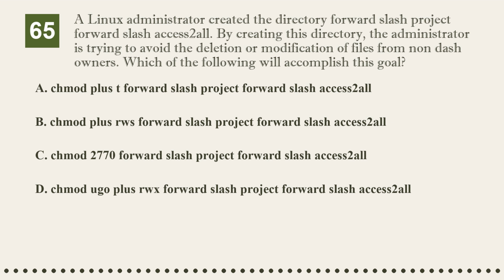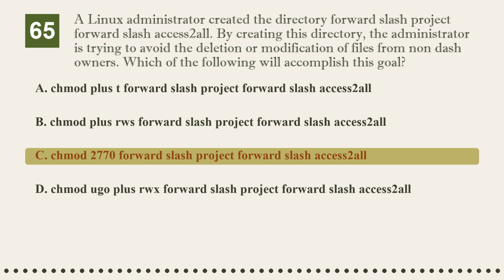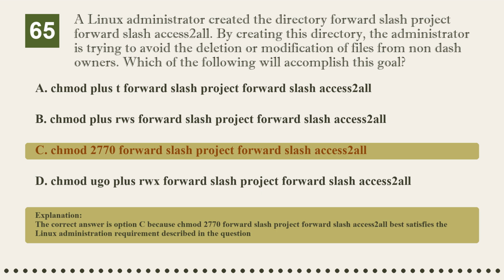Option C, chmod 2700 /project/access-to-all. Option D, chmod -ugo+rwx /project/access-to-all. The correct answer is option C, chmod 2770 /project/access-to-all. The correct answer is option C because chmod 2770 /project/access-to-all best satisfies the Linux administration requirement described in the question.